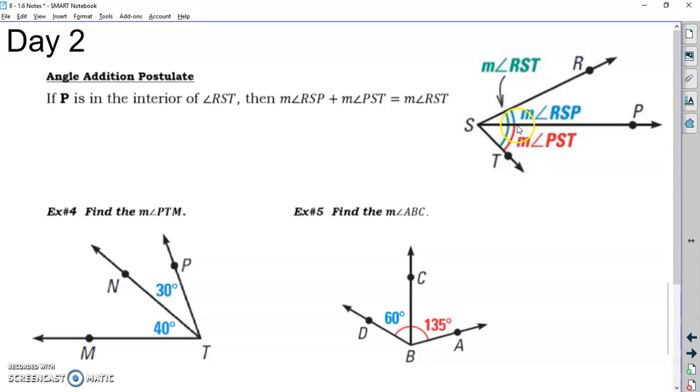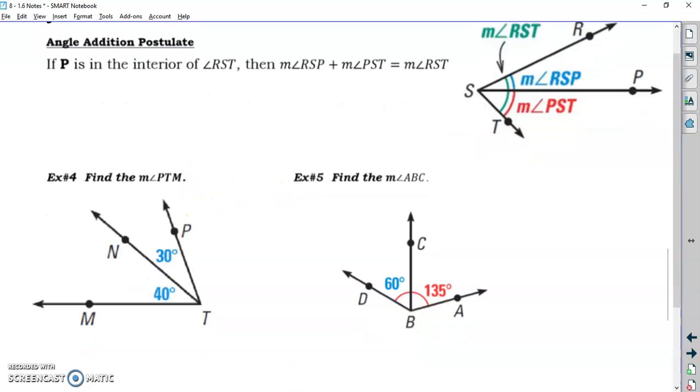So this blue part plus this red part equals this whole green part. So find the measure of angle PTM. So 30 plus 40 is going to give me the measure of angle PTM as 70 degrees.